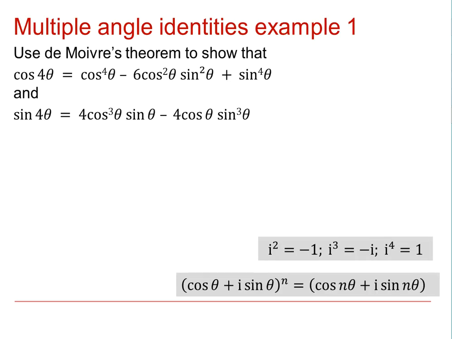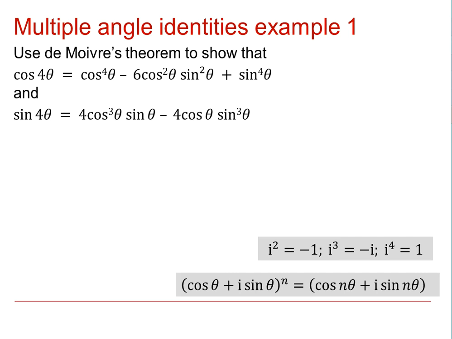Here we are asked to use de Moivre's theorem to show that cos 4 theta equals cos to the power 4 theta minus 6 cos squared theta sine squared theta plus sine to the power 4 theta, and sine 4 theta equals 4 cos cubed theta sine theta minus 4 cos theta sine cubed theta. We could obtain these results without using complex numbers, but it takes much more effort.